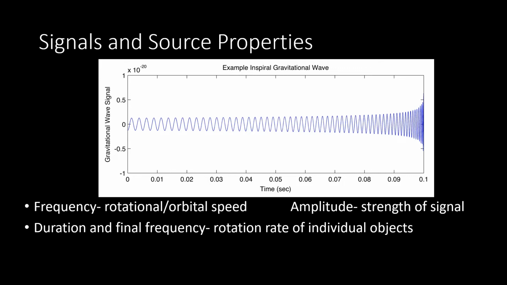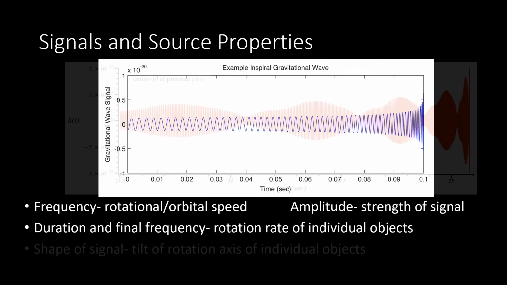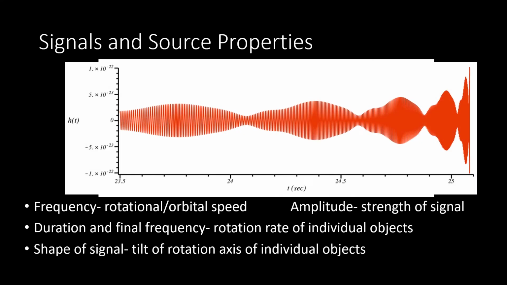Now this depiction is pretty simple. We're assuming two objects of similar mass that maybe aren't even spinning at all. The gravitational wave looks really simple. But in a more realistic scenario, a gravitational wave signal might look something like this. So again, you've got time on the x-axis and some sort of signal strength represented on the y-axis.